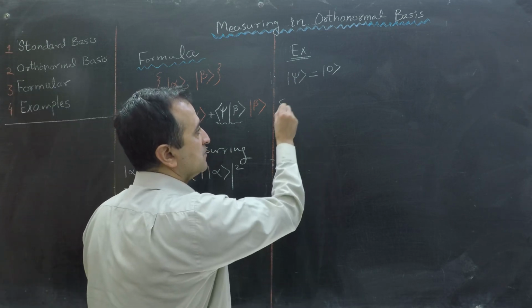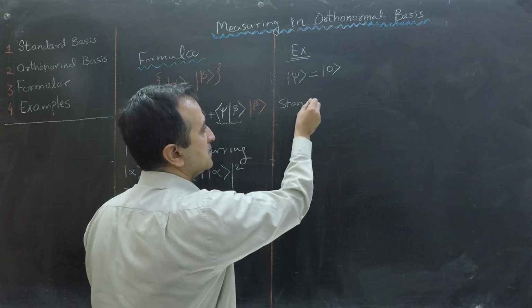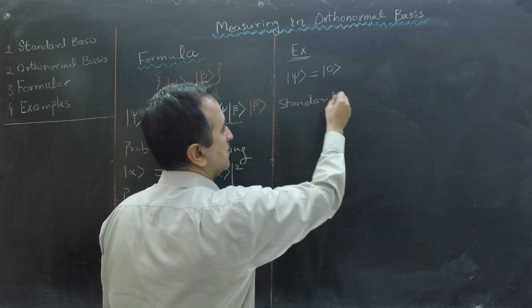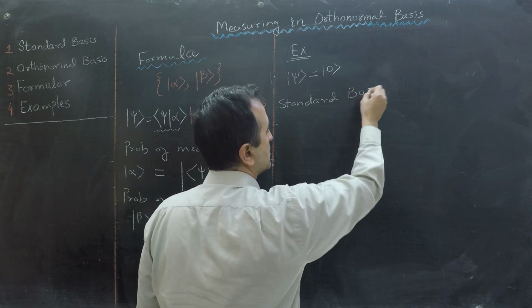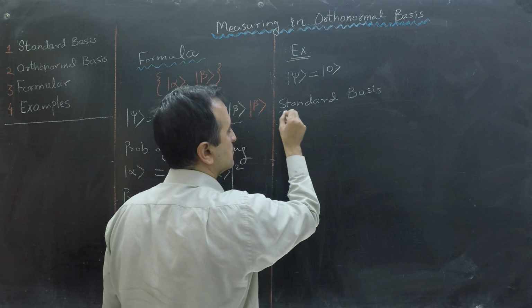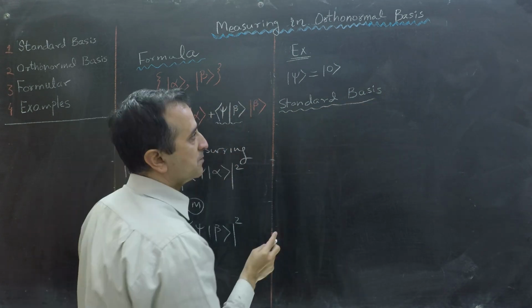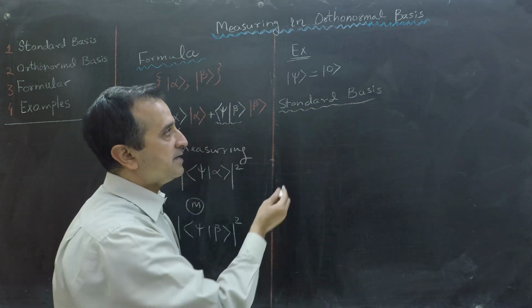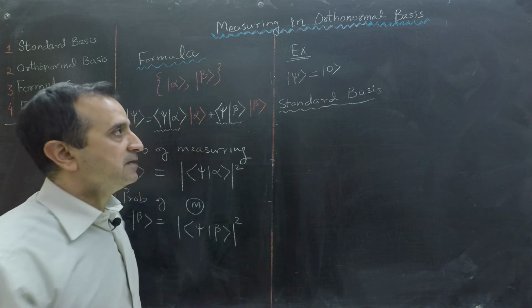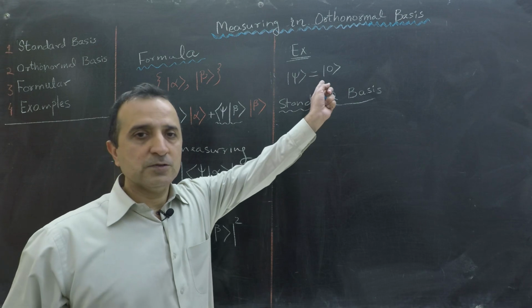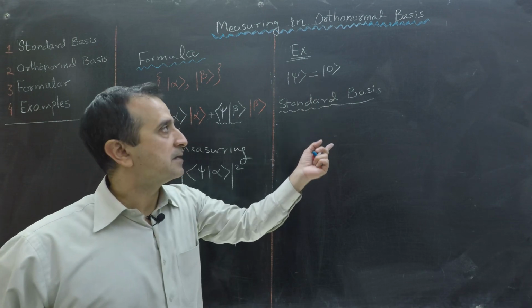So let's first measure in the standard basis. By the way, the standard basis is also an orthonormal basis, so we can use the same formula in it also. Because this qubit is already expressed in the standard basis, I can simply take the square of amplitudes to find probability.